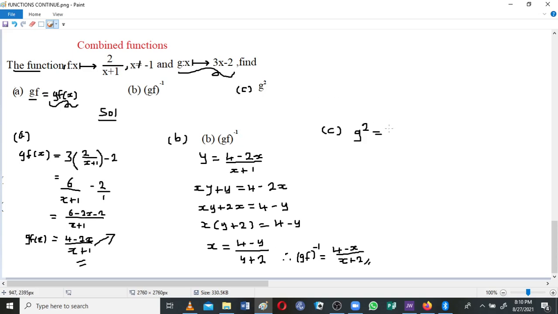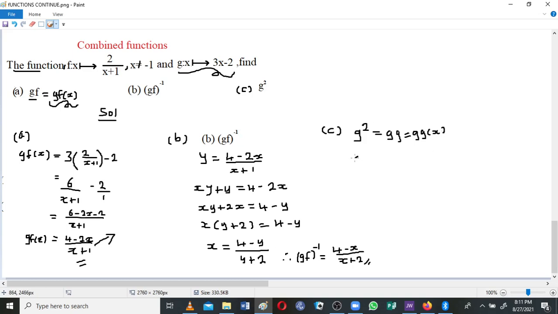What does this mean? g squared means we have g, the function g(x), which can also be written as gg(x). Now you understand what this means. We want the combination of function g(x) and g(x). That means we're substituting the function g(x) into itself.